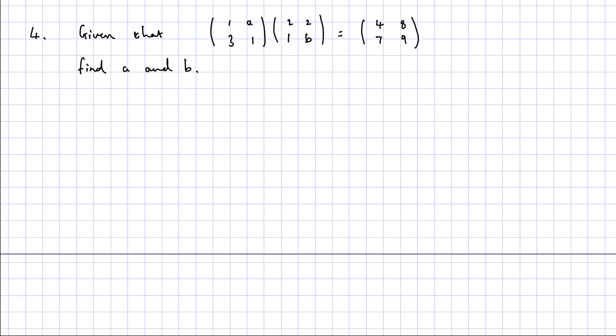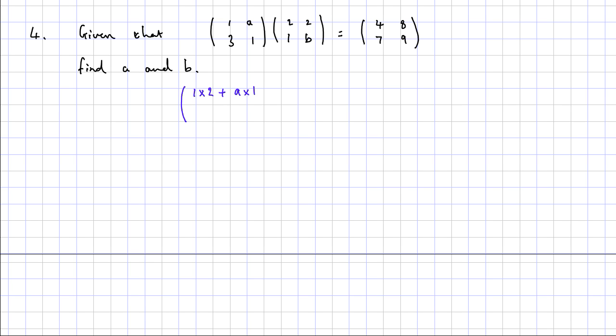So we're going to start with 1 times 2 add A times 1.